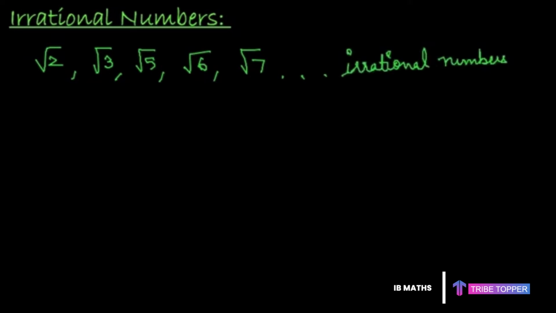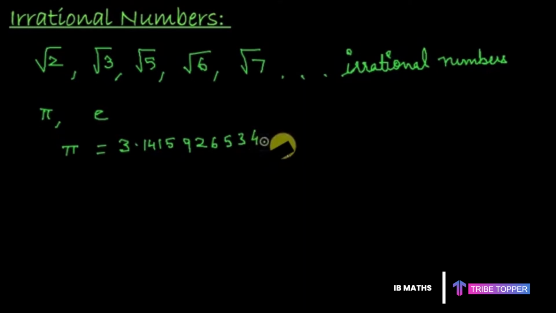So one is square root numbers which are not perfect squares, and then we have some of the famous constants like pi and e. These values are also irrational because if you look at pi, its value is 3.14159265 and so on.